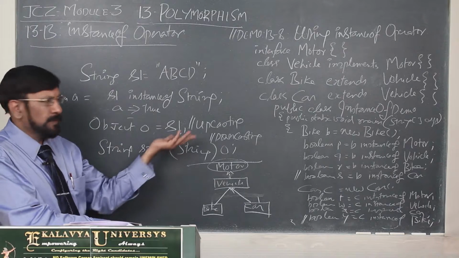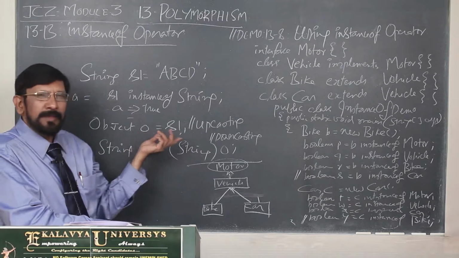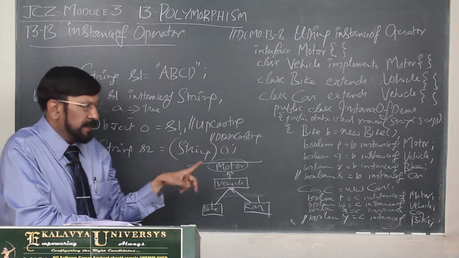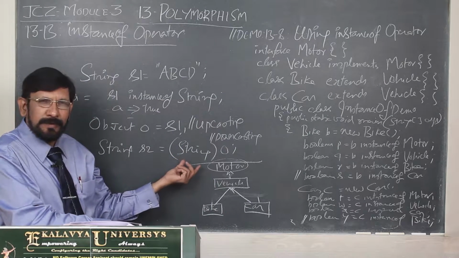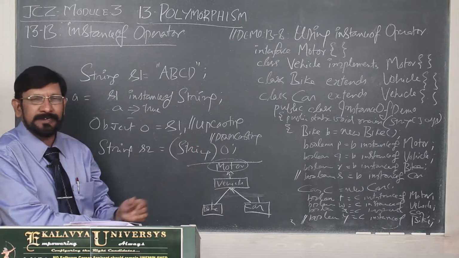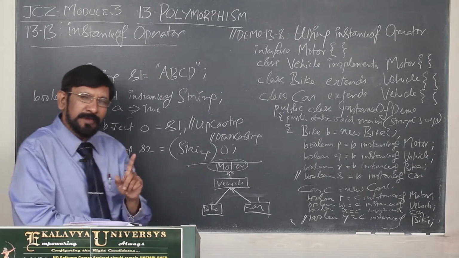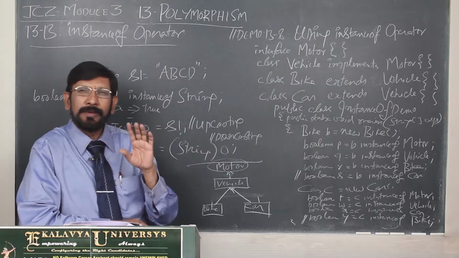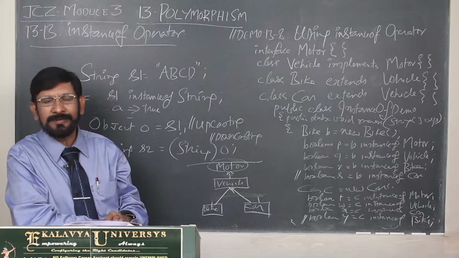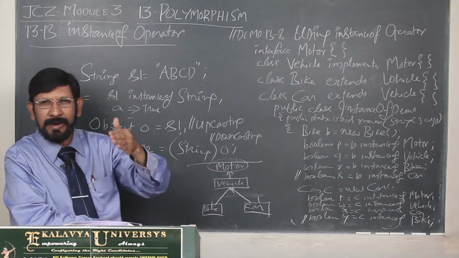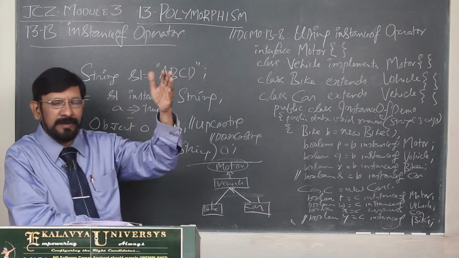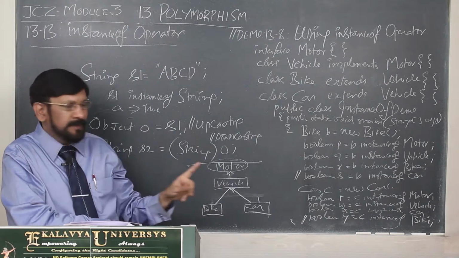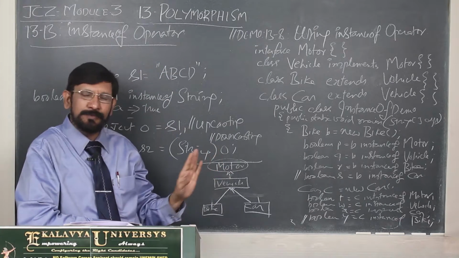If it is true, it is made like that. If you are downcasting, then you have to make this type of explicit casting. That too, one thing I already told you in the respective context, they must belong to the same class family. Your dad, granddad, great granddad, all one family. In such a case only downcasting is possible.